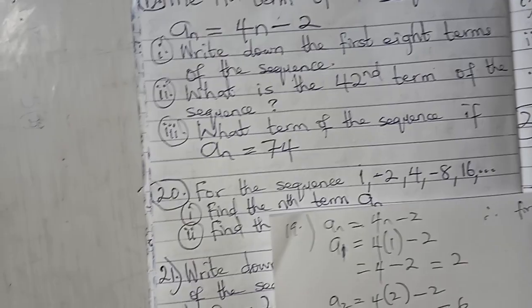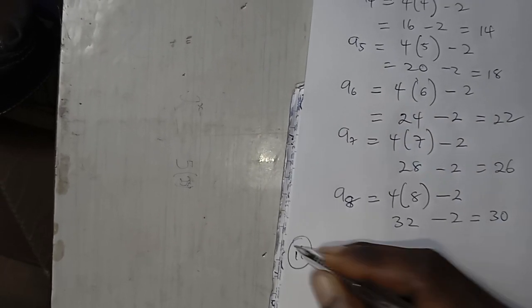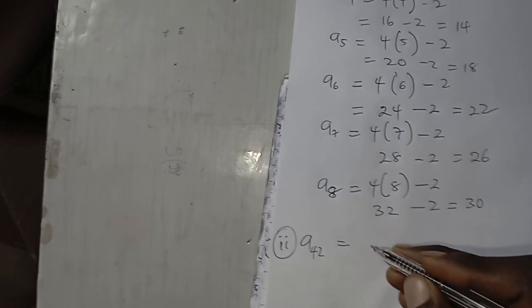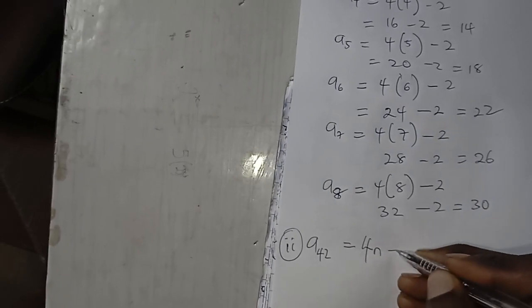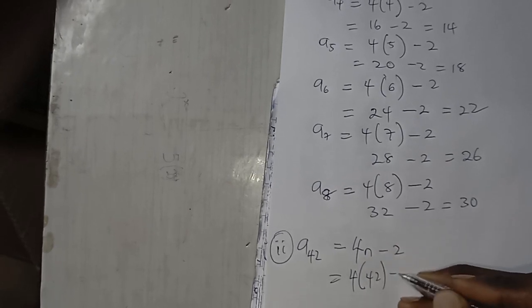Wonderful. The 42nd term, that is A42. Remember they gave us 4n minus 2, so it will be 4 times 42 minus 2.